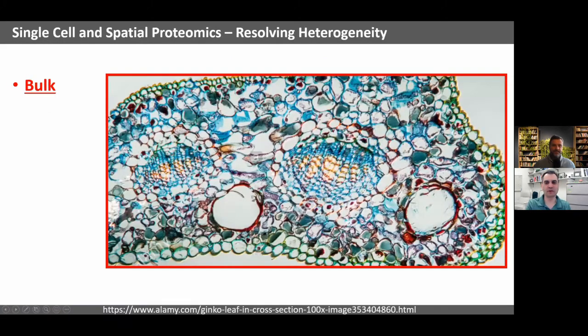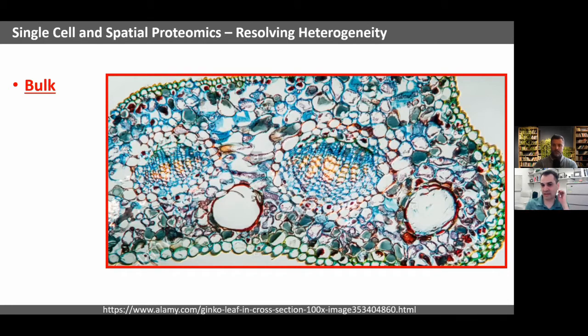So most proteomic analyses are performed at the bulk scale. There have just been technological challenges with reducing down toward the single cell level. And so this gives you an average of protein expression across an entire tissue or a biological sample, often averaging across many thousands or millions of cells.